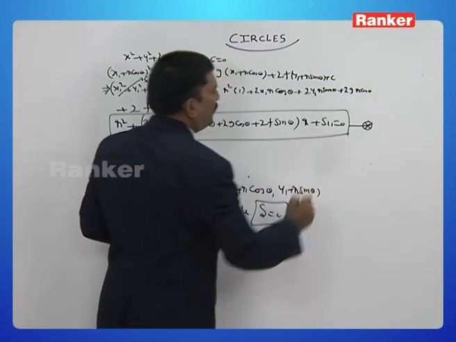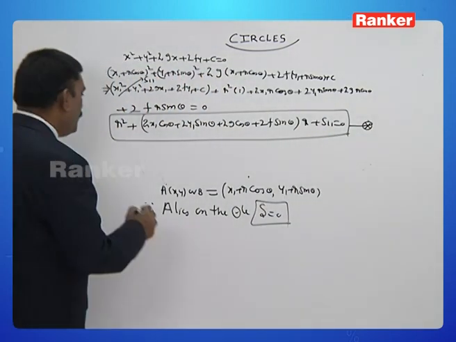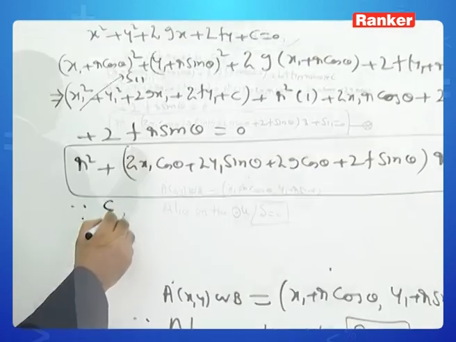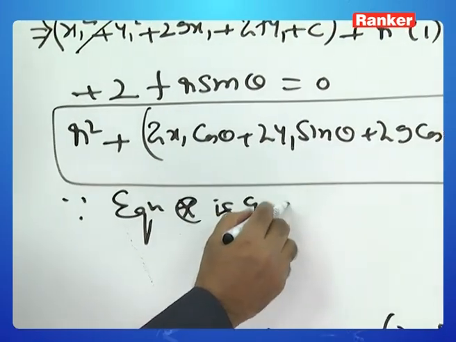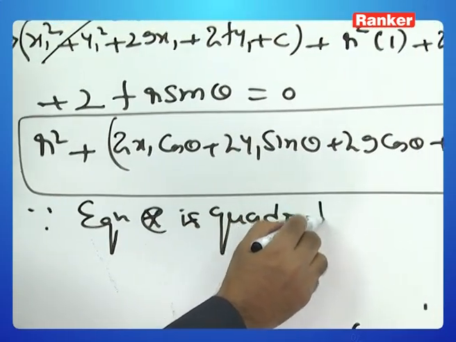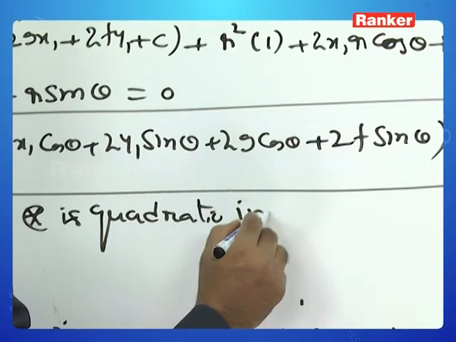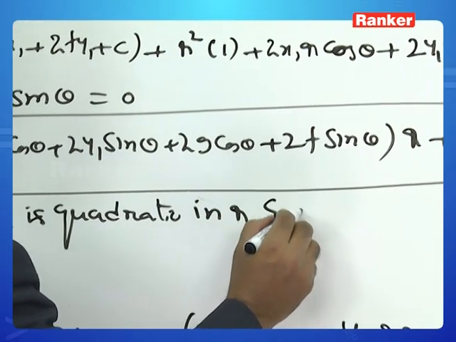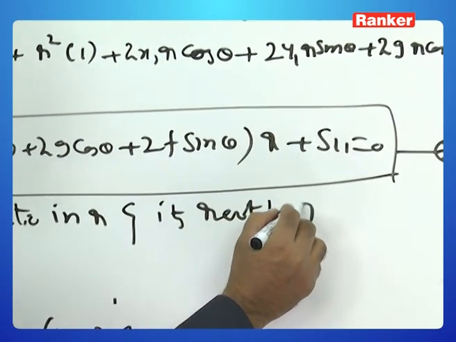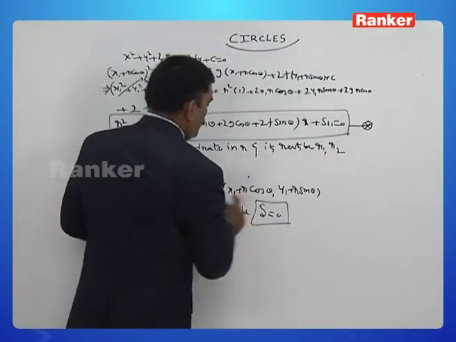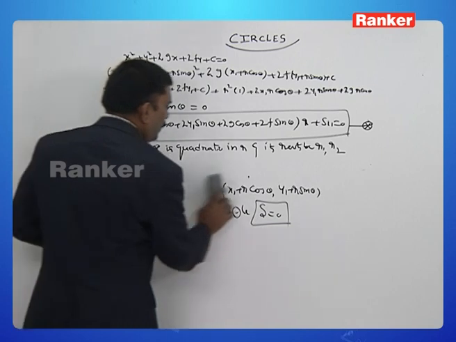You call it as equation star. Since equation star is a quadratic in r, and its roots be r1 comma r2.